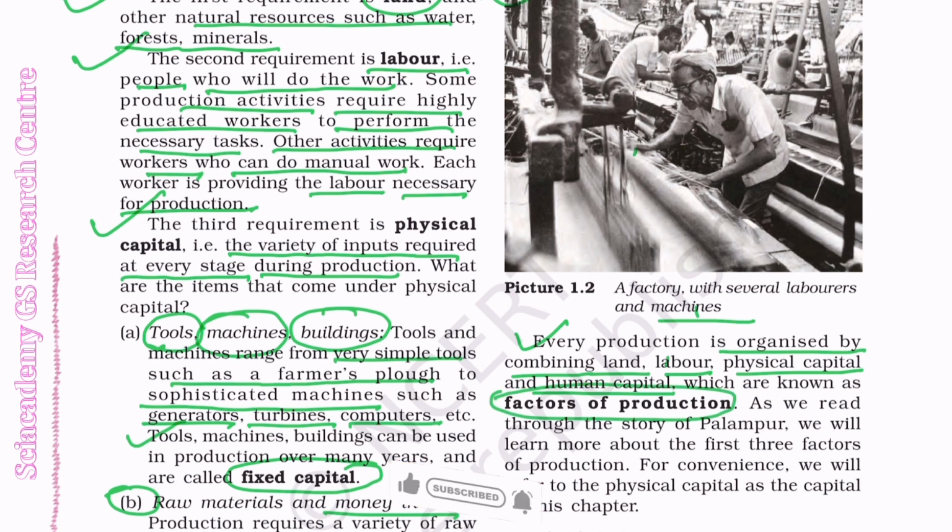As we read through the story of Palampur, we will learn more about the first three factors of production. For convenience, we will refer to the physical capital as the capital in this chapter.